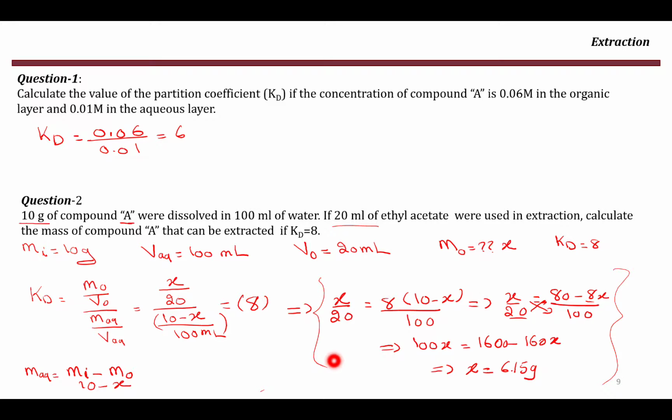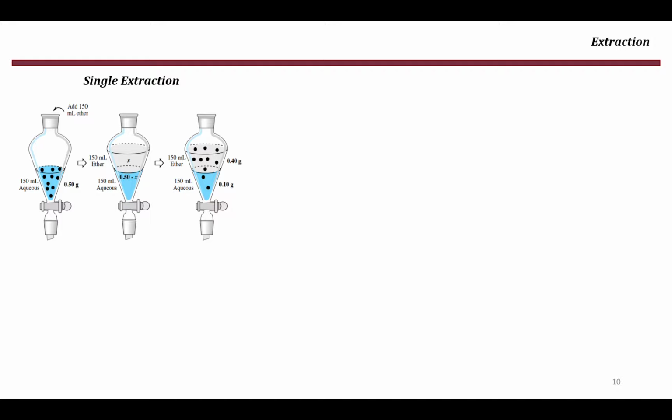Now we will do similar types of calculations, but we will compare what I talked about before, which is single extraction versus multiple extraction. So remember, let's say I have 0.5 grams of a certain compound and it is dissolved in 150 milliliters of water. If I use 150 milliliters of ether, which is an organic solvent, and the amount X of this compound can be extracted to the organic layer, KD will be equal to 4.